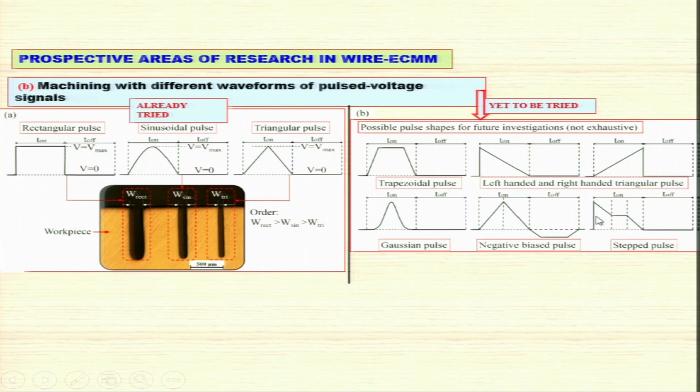Then you can have the stepped pulse, that is another type. So what I mean to say here is that you can conduct experiments with different types of pulses and optimize the performance, and it depends upon whether you are more interested in material removal rate or smaller tolerances or better quality surface.